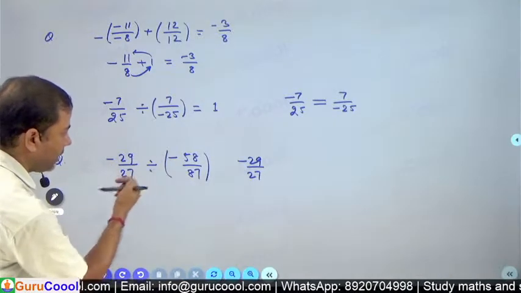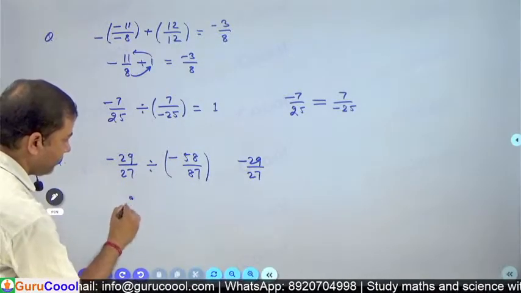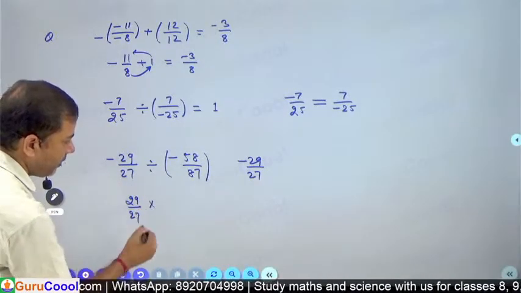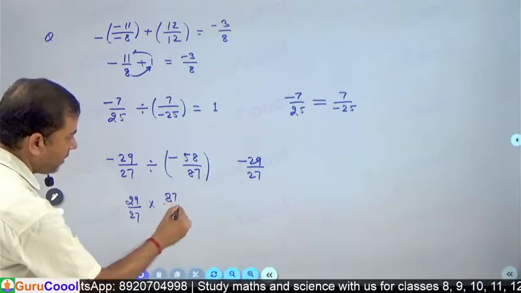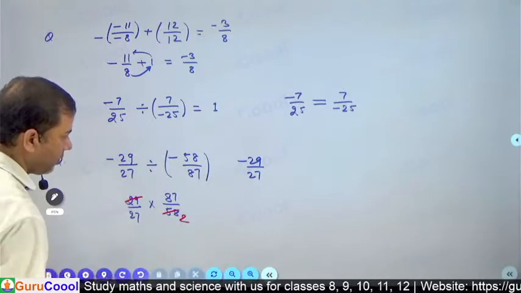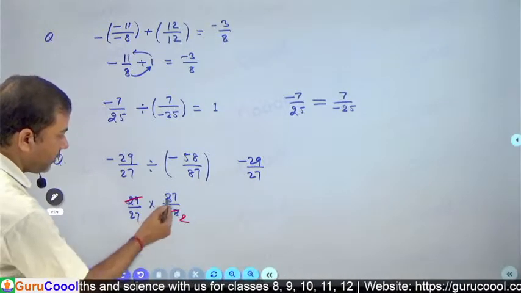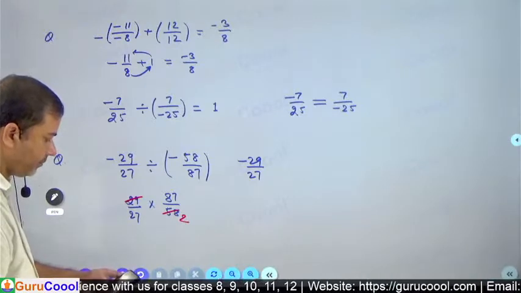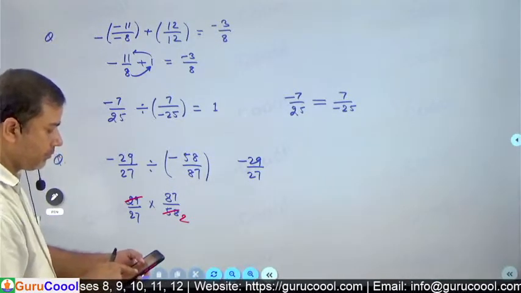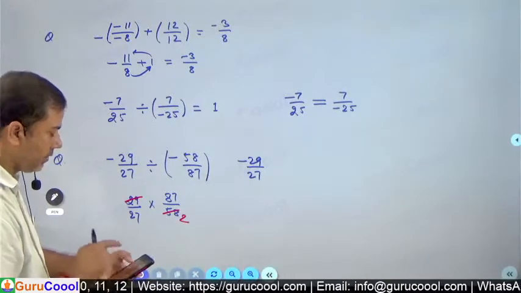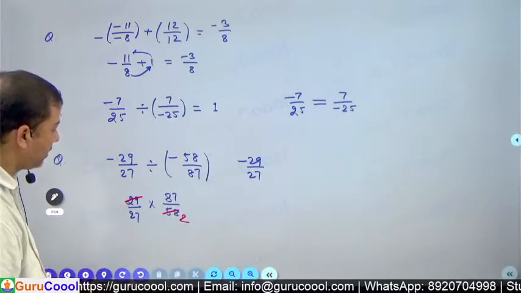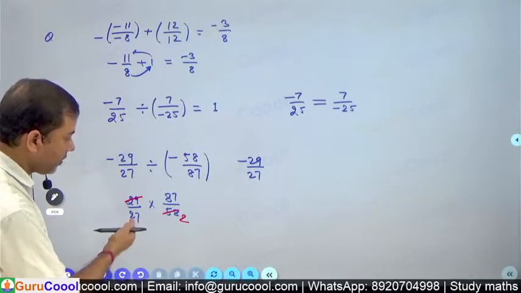Let's ignore the minus sign because they'll cancel. 29 by 27, divide sign change to multiply, and this one is 87 by 58. 29 cancels in 2 times, and 27 87. It is a bit blurred here, so very difficult. Well, whatever. So 27 87.